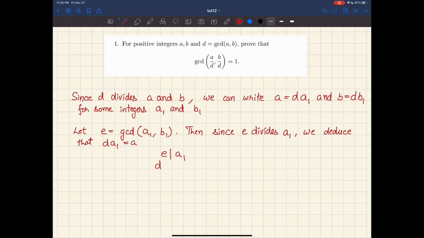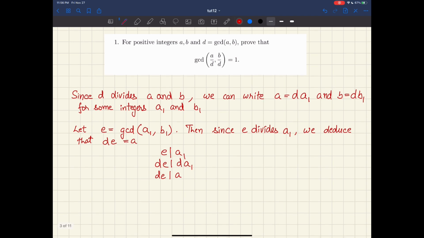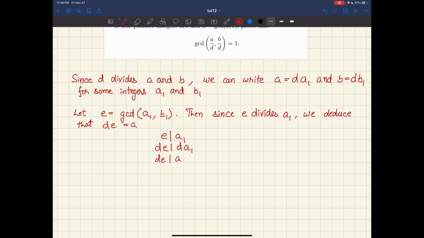And d times a1 was a, so de will also divide a. We can do the same thing for b as well. Since e divides b1, d times e would divide d times b1, and d times b1 was b. So de divides b as well.